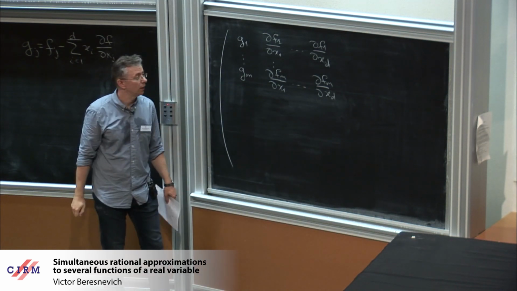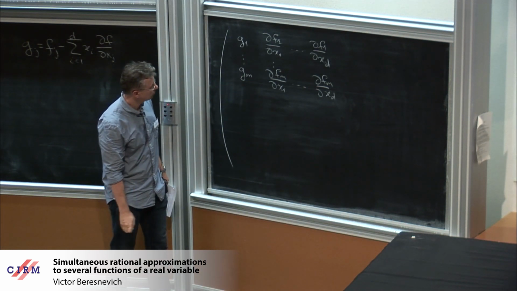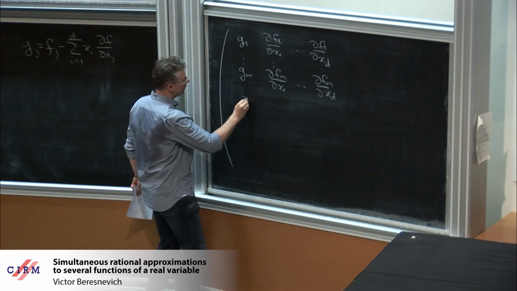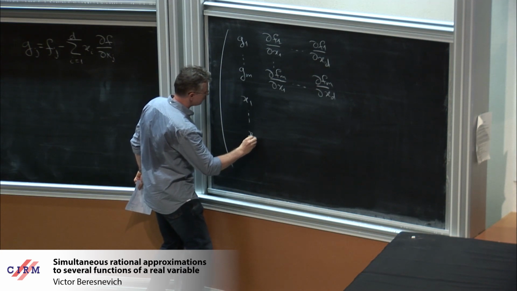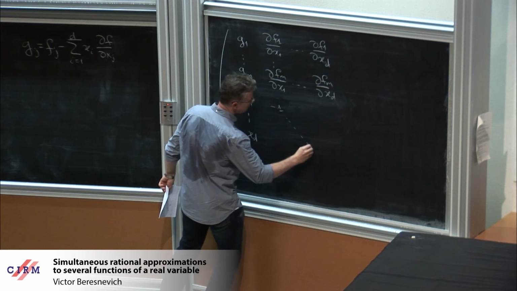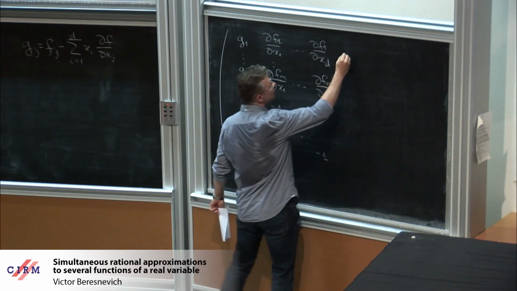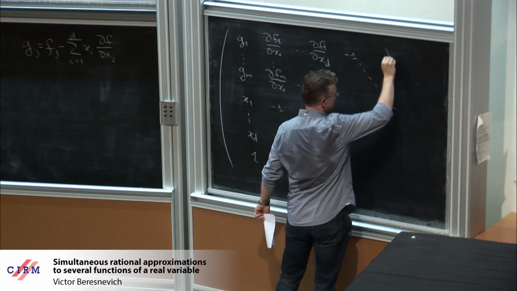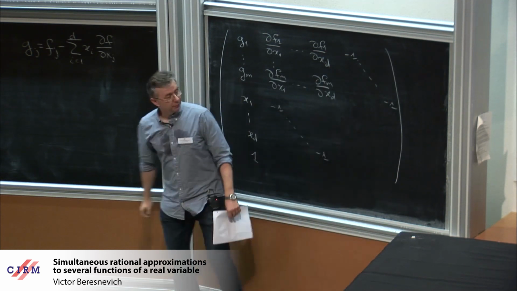So it's just the gradient of f with respect to x_1 through x_d, and I plug in a minus unit matrix here, and same here. So the minus is not very important.